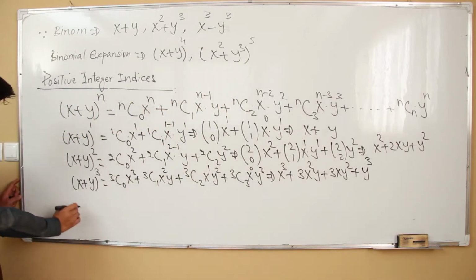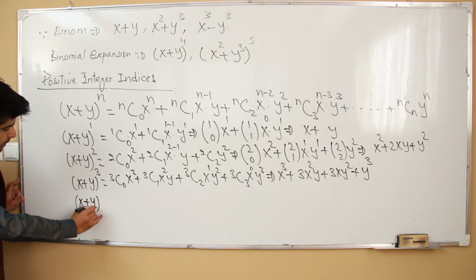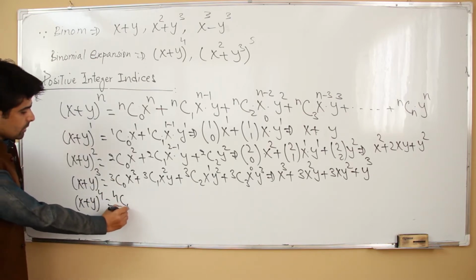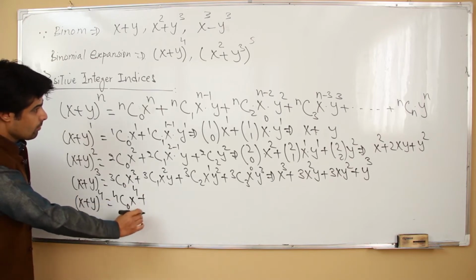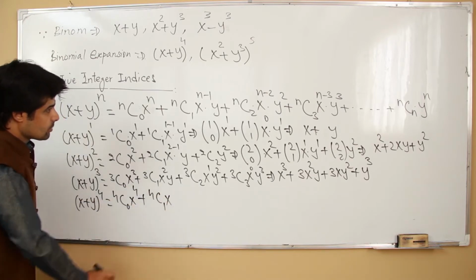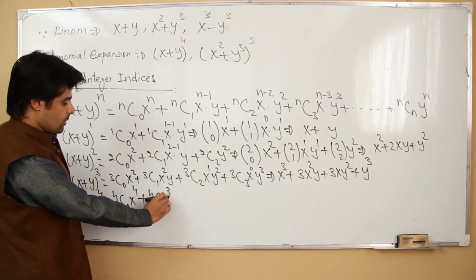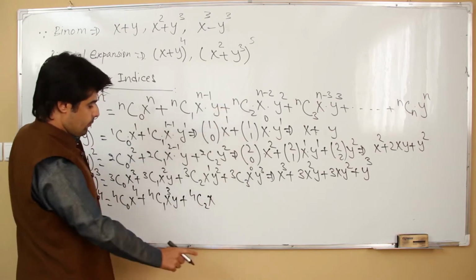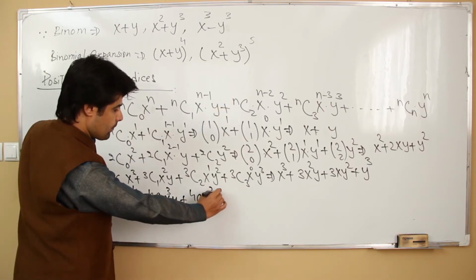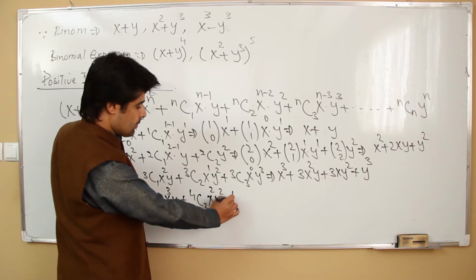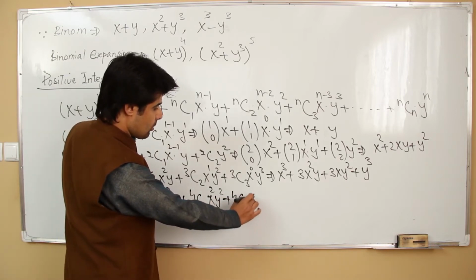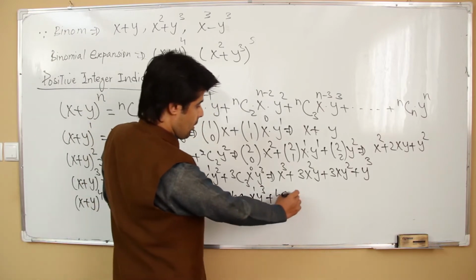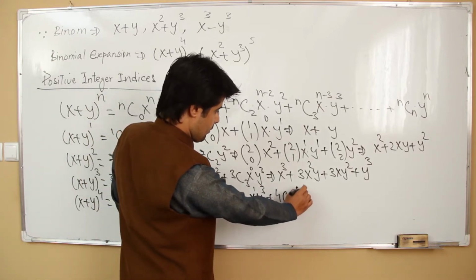If you have (x + y) raised to the power 4, now use this formula: 4C0 x to the power 4, plus 4C1 x to the power 4 minus 1, 3, y, plus 4C2 x to the power 4 minus 2, it's 2, y square, plus 4C3 x to the power 1 y cube, and 4C4 x to the power 0 y to the power 4.